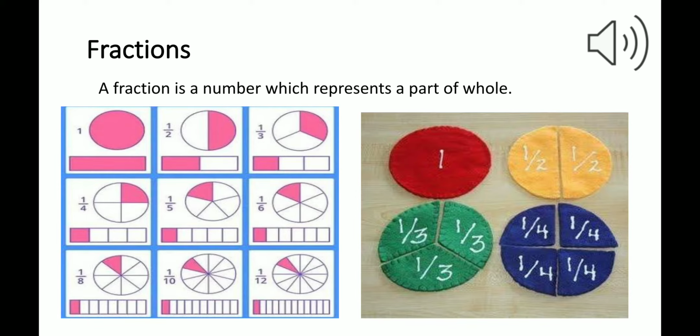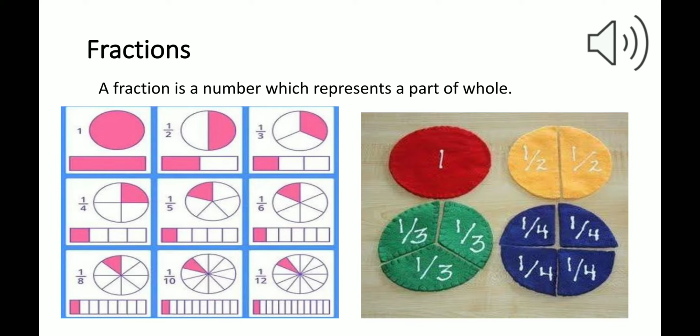Similarly 1 by 8. 1 by 10 and 1 by 12. As many parts as you make and as many parts as you color, you can find out how many parts out of the whole are colored. The same thing is shown over there also.